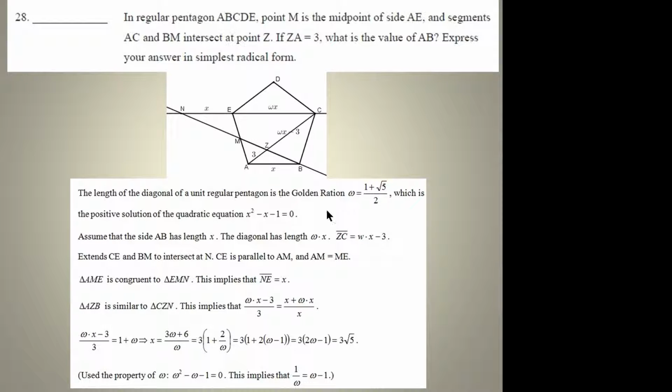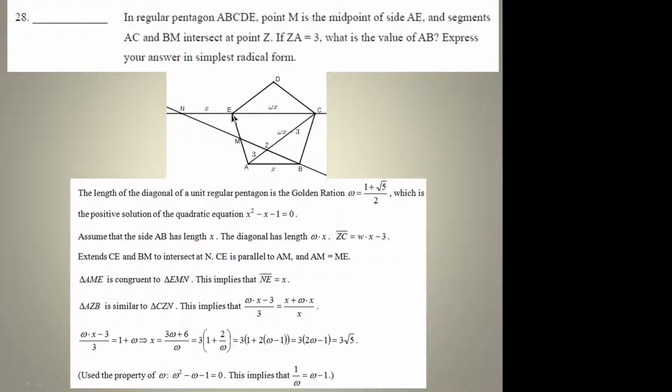This is the diagonal of the regular pentagon if the side length is 1. We can find this using similar triangles, but we will just use this fact, otherwise it takes too long.